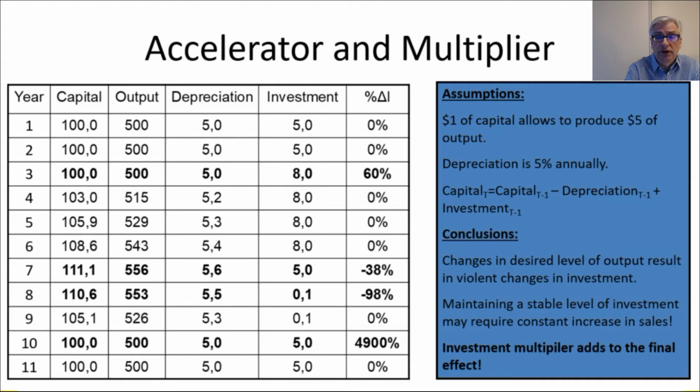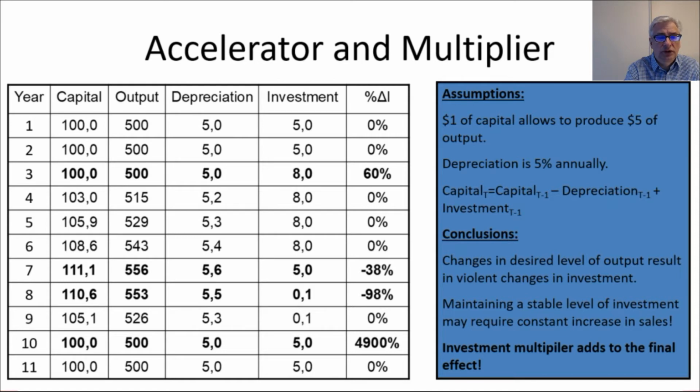Those two, accelerator and multiplier, will be responsible for explaining this Keynesian theory of the business cycle. Look at the table, look at the text that you can see to the right. The idea is as follows.